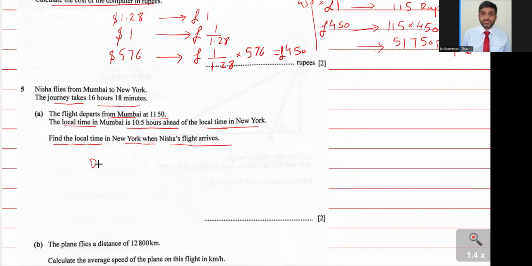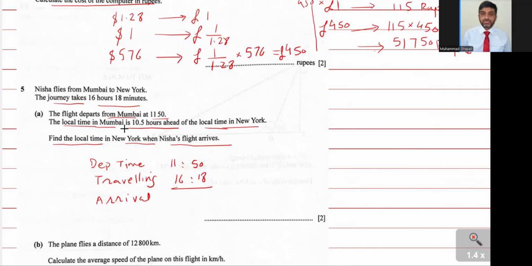Here the departure time is 11:50 and the traveling time is 16 hours 18 minutes. How can we calculate arrival time? If we add departure time and traveling time, we get arrival time. But we need this arrival time in New York.